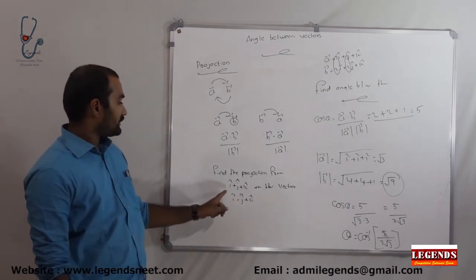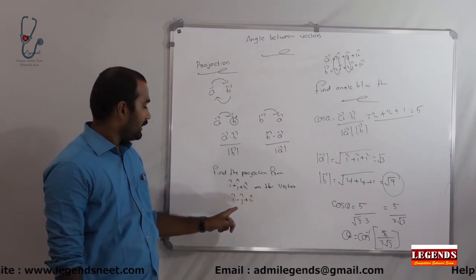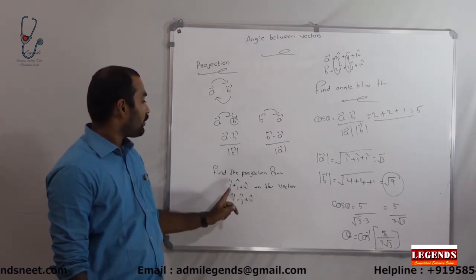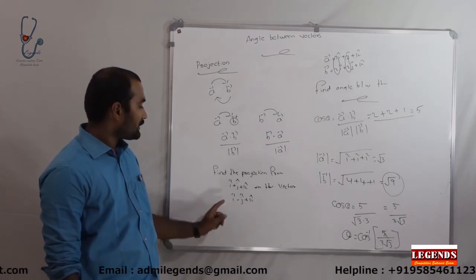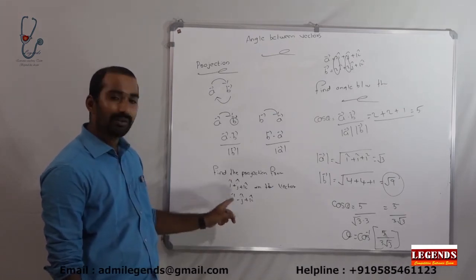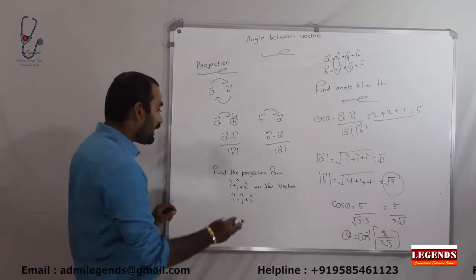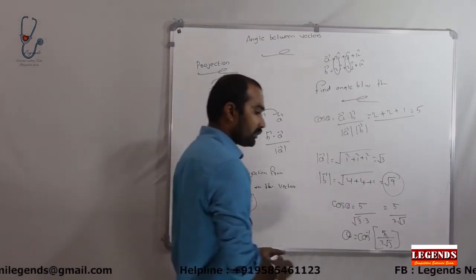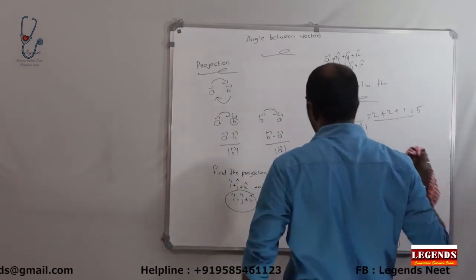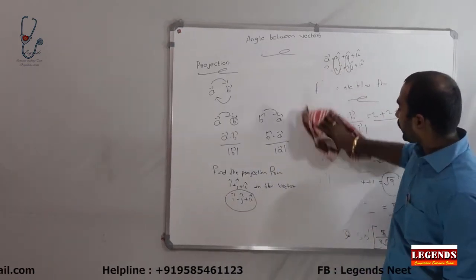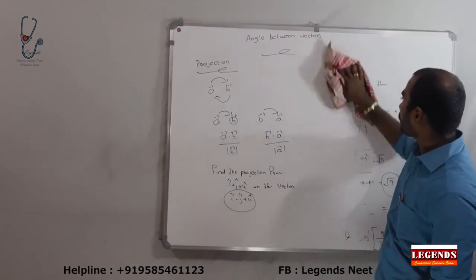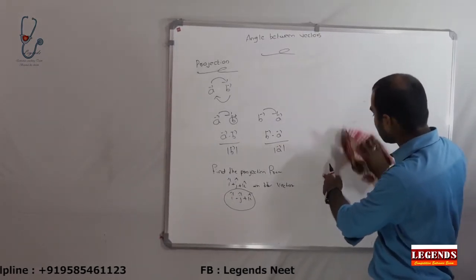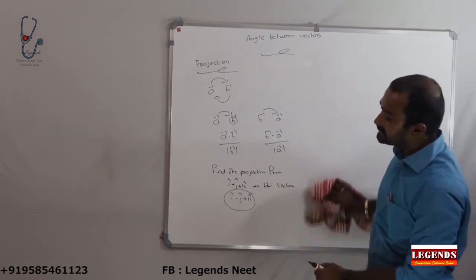Okay, here the first vector is i plus j plus k, the second vector is i minus j plus k. Here we are going to find the projection. That means taking the dot product of the given two vectors and dividing it by the magnitude of the second one. The second one is i minus j plus k.